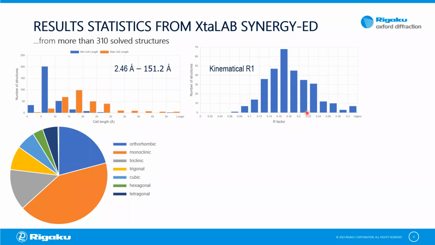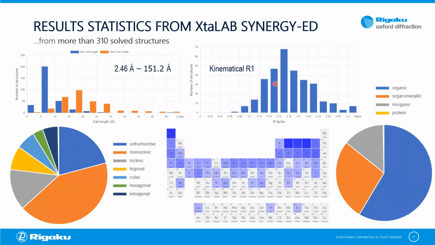This is just a standard property of electron diffraction, nothing too specific about the Synergy-ED or the systems we've been looking at. And this is just the typical scale for electrons. Again, this is a systematic effect. This does not necessarily have to do with bad data quality. One more word about this, I'll say at the end of this webinar.